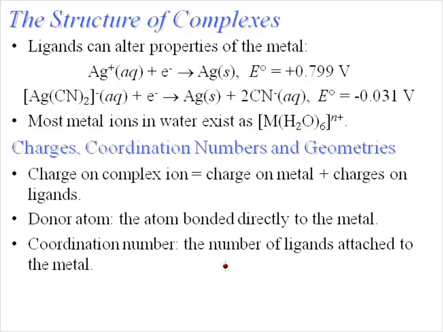The number of ligand atoms attached to the metal, because in some ligands there are multiple atoms present that can be connected to the metal. So it is more appropriate to say the number of atoms inside the ligand that are connected to the metal. That is the coordination number. Sometimes it may be equal to the number of ligands themselves, and sometimes it may be more than the number of ligands attached.